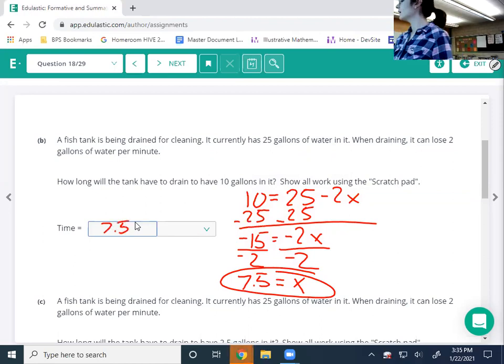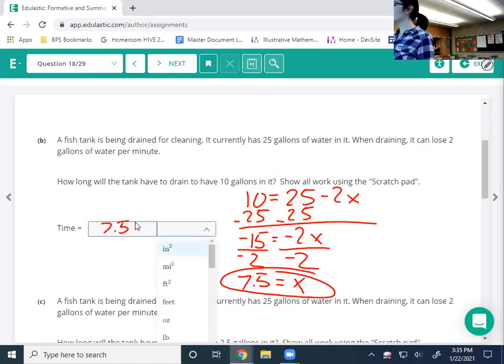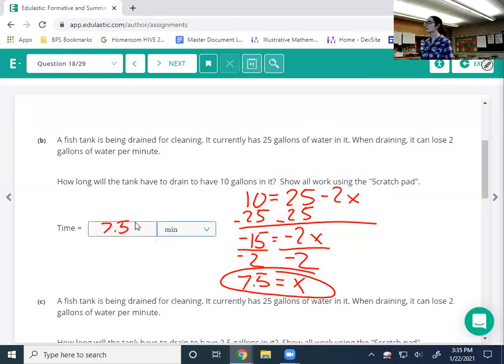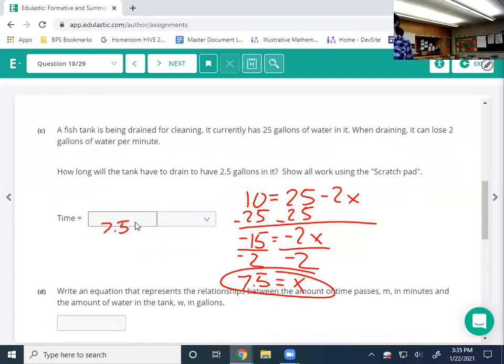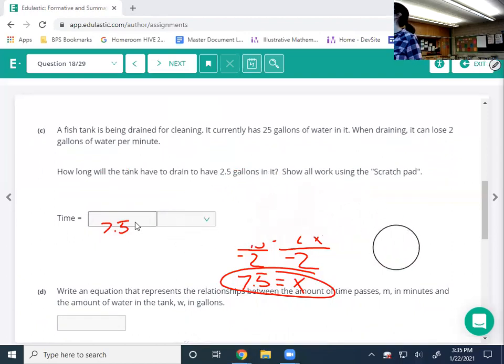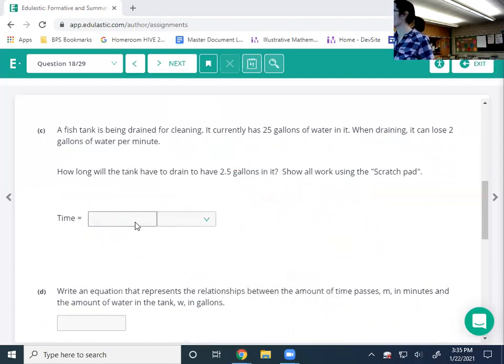7.5 minutes on that one as well. 7.5, and it's going to have the same label of minutes. Okay. So now we're using the same information to take a look at C, which is saying now we need to figure out how long is it going to take to have 2.5 gallons in it. So we're going to say to ourselves, 2.5 is equal to 25 minus 2x.